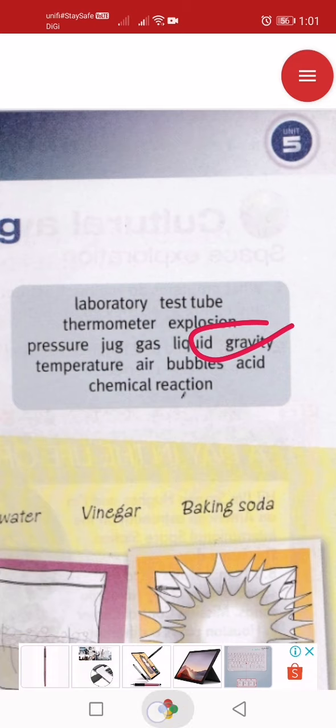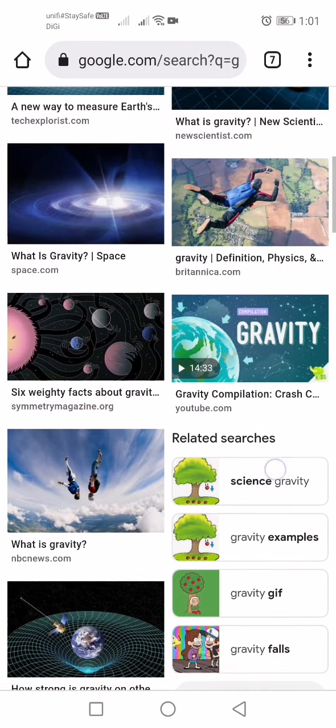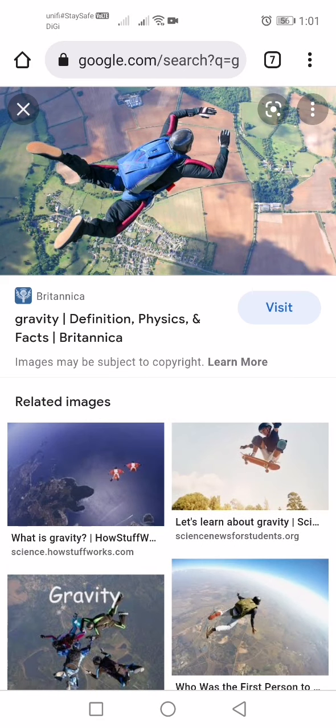Next one, gravity. Gravity ialah, for example, look at this one. Nampak ke orang ni? Kenapa kalau ada orang lompat macam ni ataupun from the sky, orang tetap akan melanding di bawah tanah. It will just land because of gravity. Macam manusia sekarang, kenapa kita tidak terapung? Why are we not floating on air?